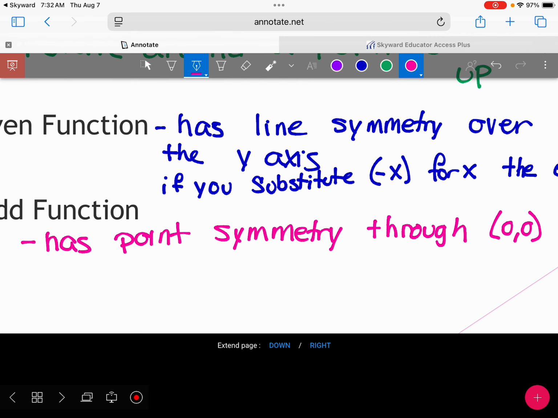And again, we can test that with the equation, substituting in that same minus x. But this time we would get our equation that is essentially the opposite of y. So if we substitute in minus x in place of x, and then we do all of our distribution and stuff, we should get the opposite, a negative.